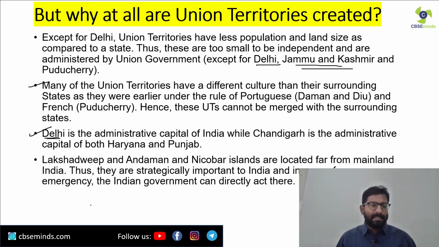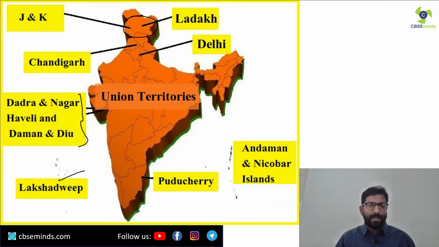Now looking at the other cases, Lakshadweep and Andaman and Nicobar Islands are located very far from mainland India, and they are strategically very important to India, and in case of any emergency, the Indian government can directly act over there. Clear? Like you can see on the map over here, in the case of Lakshadweep and Andaman Nicobar Islands.